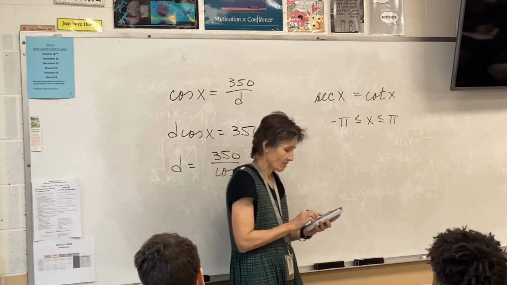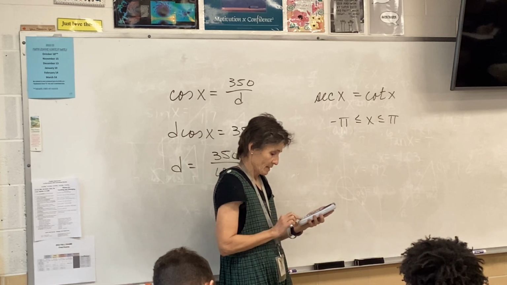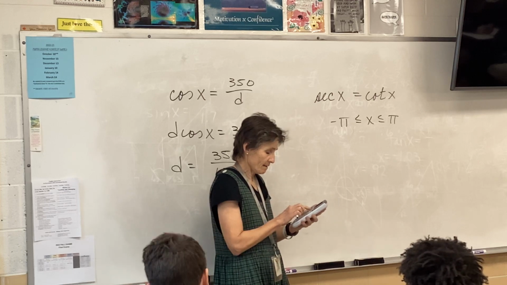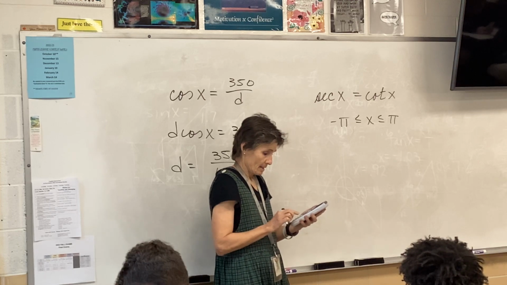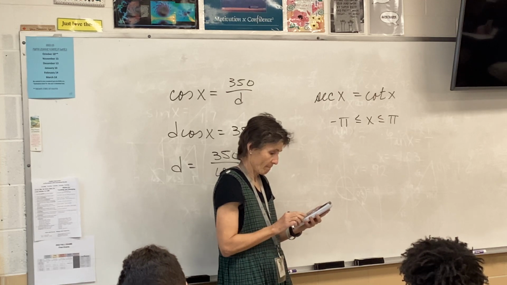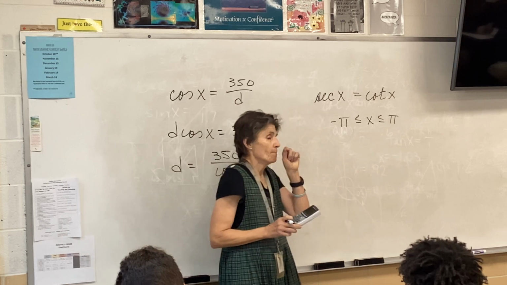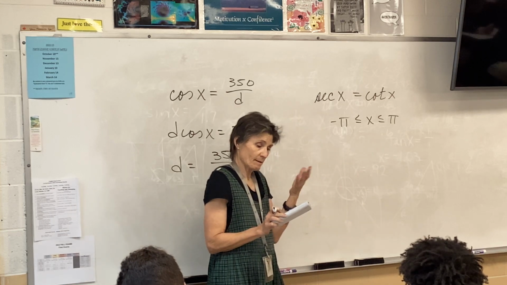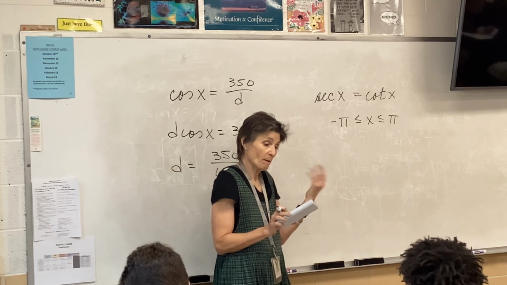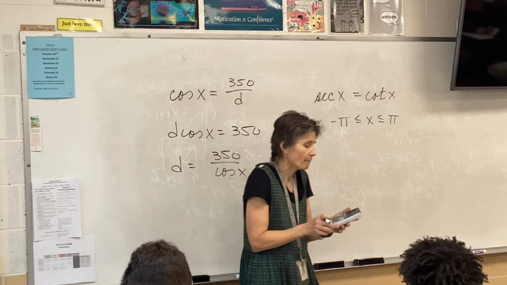So let's go to window, negative pi and pi. My y's are negative 10 to 10. I'm just going to leave it there for a minute and see what happens.